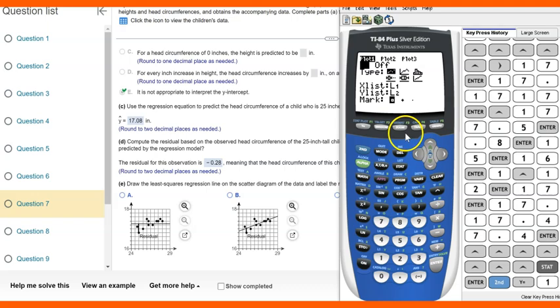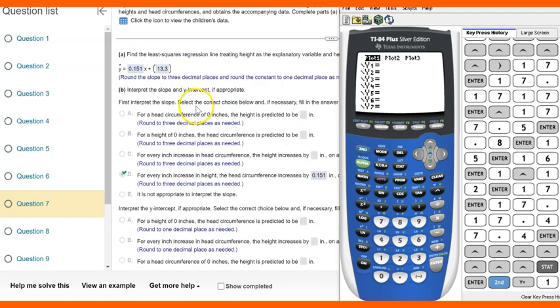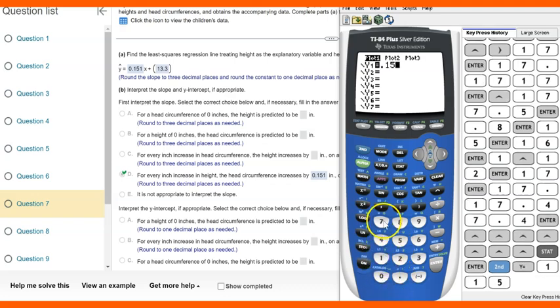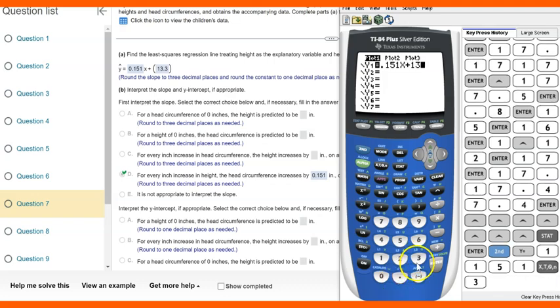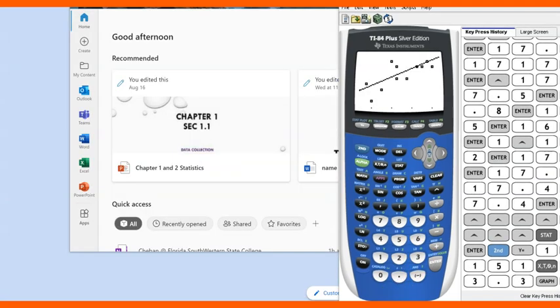That's good. And to plot the equation, you do y equals. Now type the equation: 0.151 x, x is here, plus 13.3.